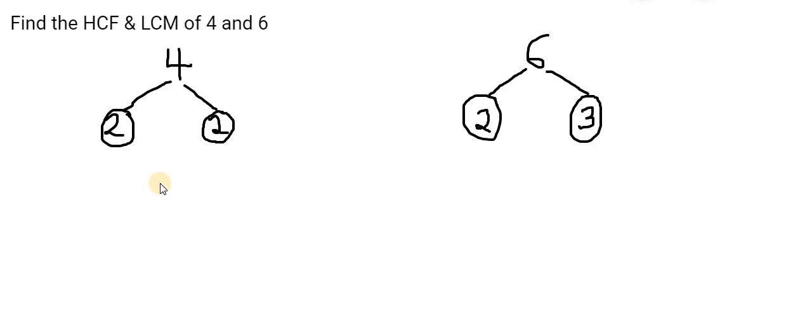So that means there are no other numbers to break down. Okay, so 4 as a product of prime factors is 2 times 2. Now in this case, we don't bunch it together and say 2 squared. We leave it separate because we want to see all of that. And 6 is 2 times 3.